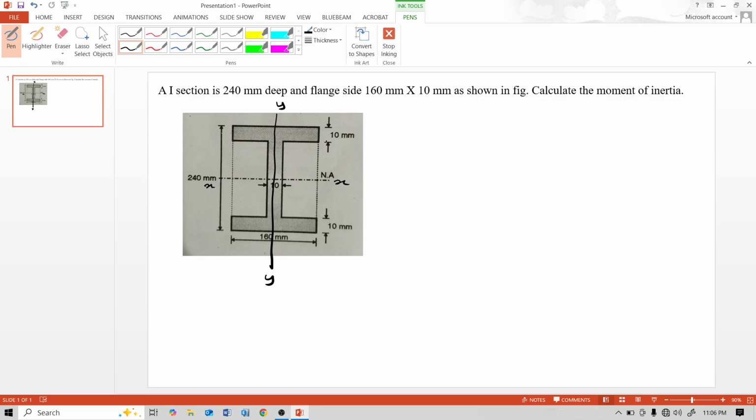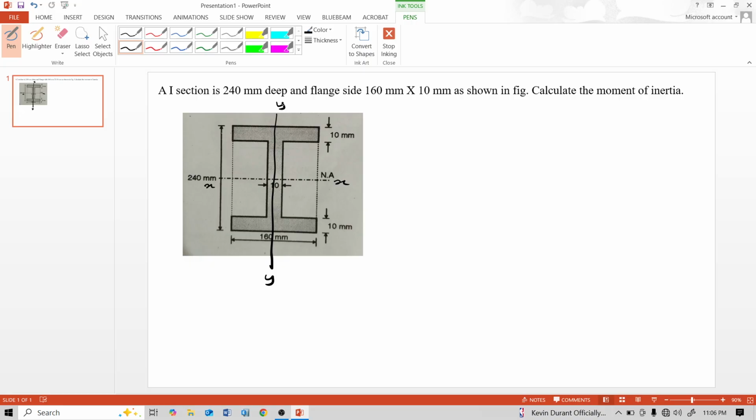This I section is symmetric about the X axis and symmetric about the Y axis. See, on this X axis, the upward side and downward side are both symmetric. And the left side of this Y axis and the right side of the Y axis are both symmetric.